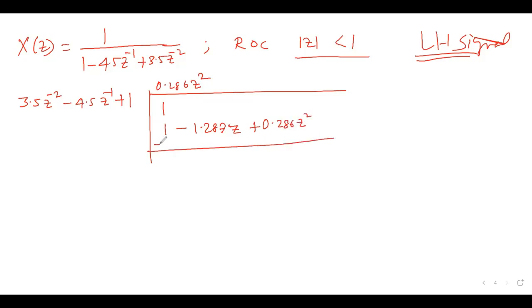Now subtract: minus, plus, minus, so it will be 1.287 z minus 0.286 z square.